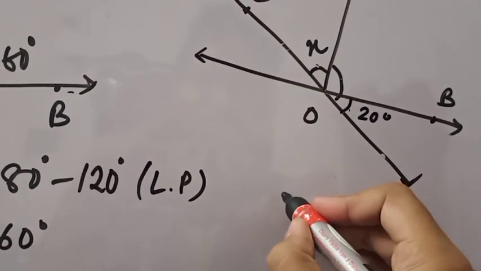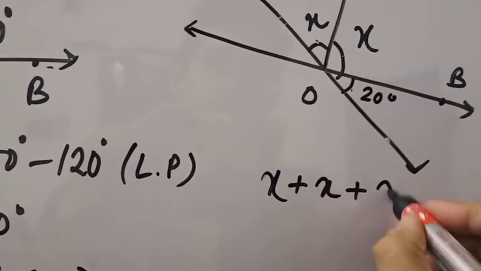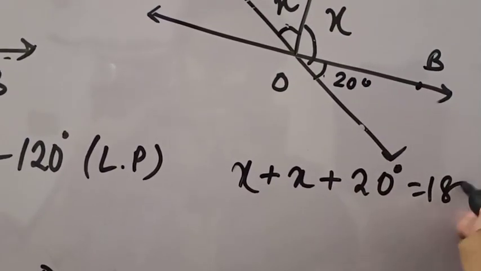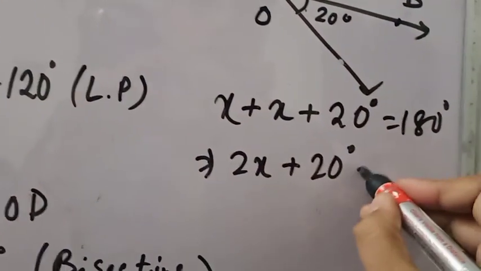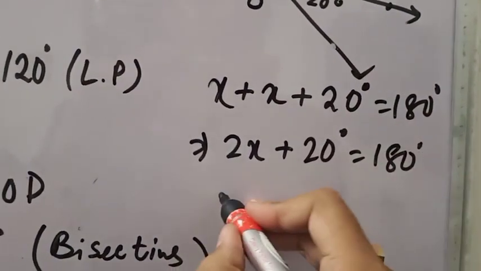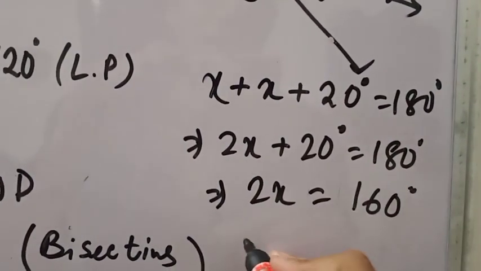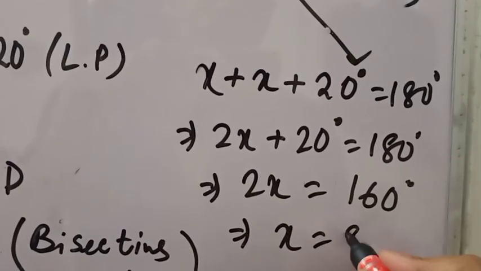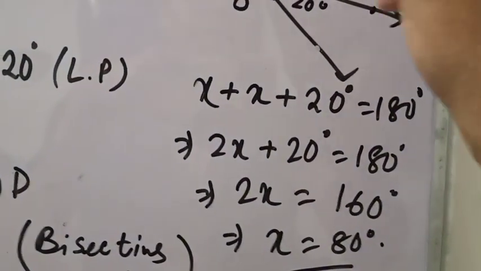So you can write x, similarly this is also x. So x plus x plus 20 degree equals 180 degree. That means 2x plus 20 degree equals 180 degree. So 2x equals 160 degree. x equals 80 degree.